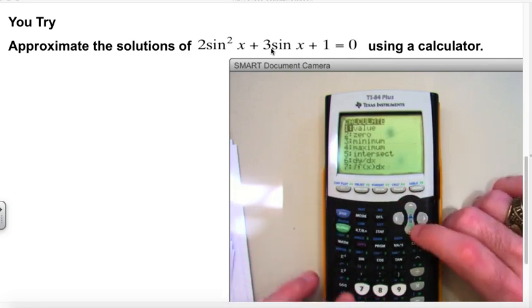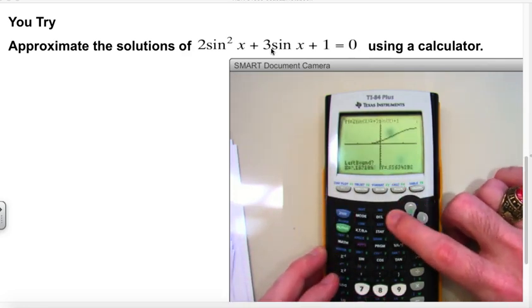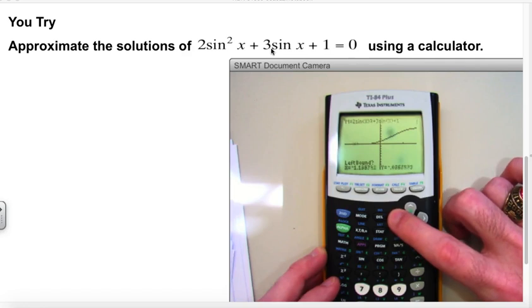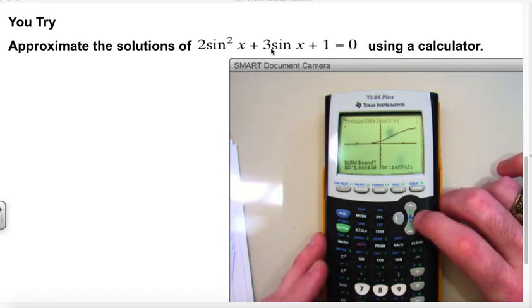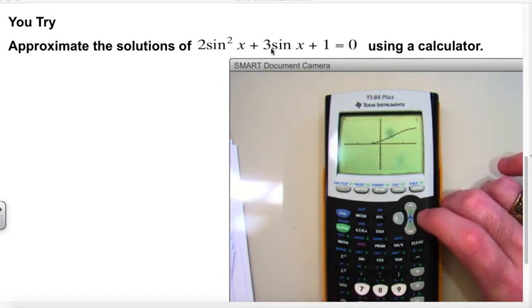So I'm going to hit second calculate 0. And I can't really tell where it's crossing because it gets so close. So I'm just going to go out here to the end of the range of my window, hit enter, and then it says right bound. So I'm just going to go out somewhere to where it starts moving up, where obviously it's not touching the x-axis anymore, and hit enter, and hit enter again.